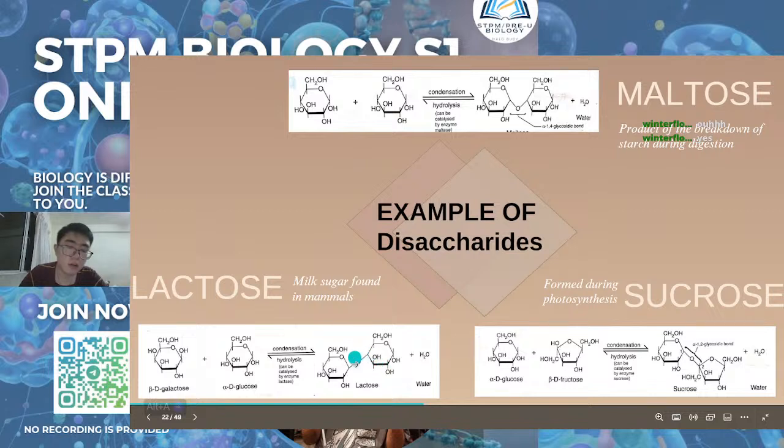Carbon 1 also will form a 1,4 glycosidic bond. Sucrose is a combination of glucose and fructose, and this one will form a 1,2 glycosidic bond. It involves carbon number 1 of glucose and carbon number 2 of fructose. Carbon number 1 and carbon number 2 will form the glycosidic bond. The other one is the same as maltose, carbon 1 and 4.